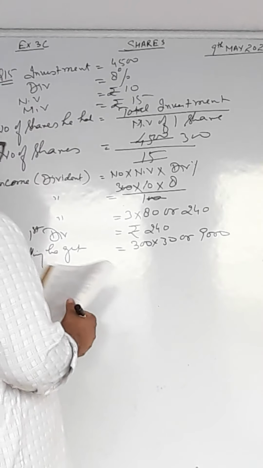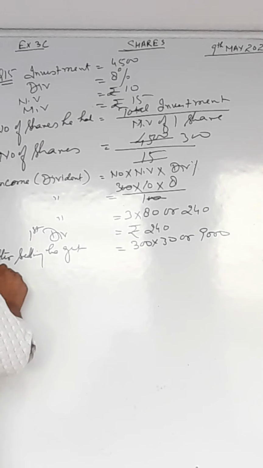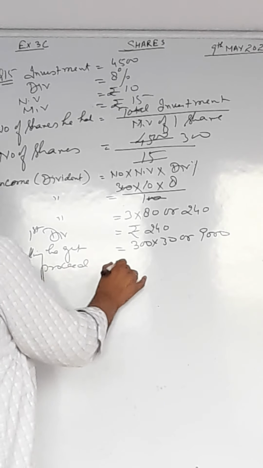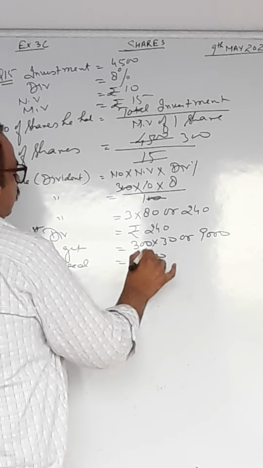This is the sale proceeds. First part, sale proceeds, 9,000 rupees.